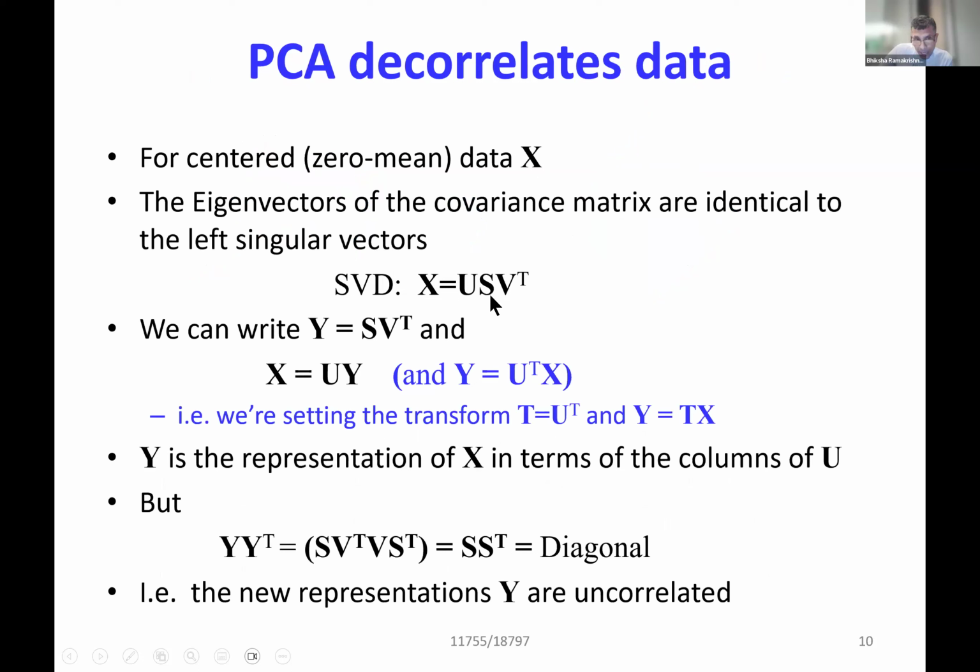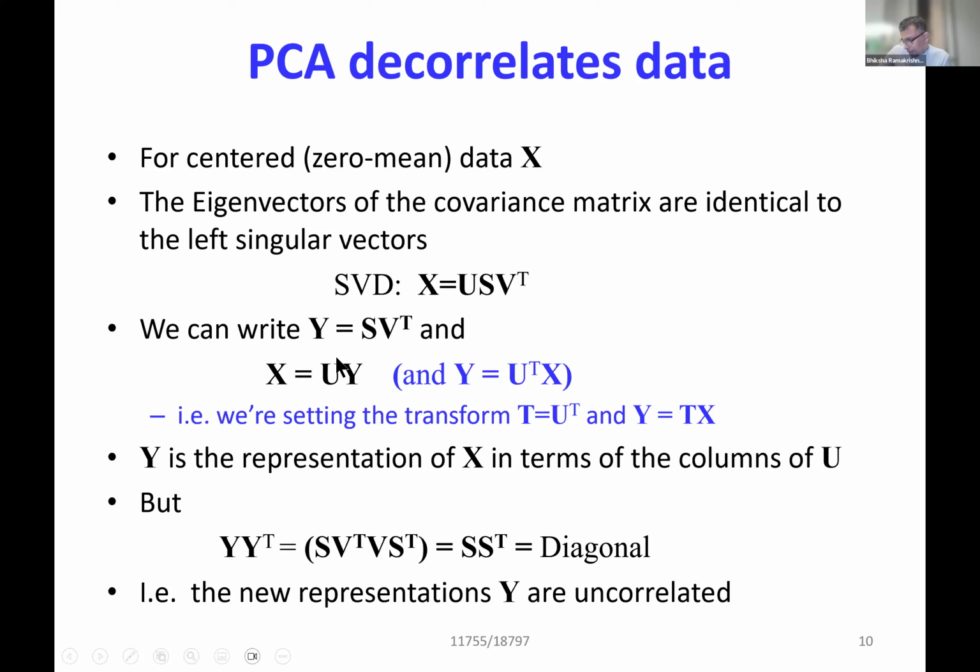And we know that the eigenvectors of the covariance matrix of X are simply U, which means I can write X equals U times SV transpose. These are the eigenvectors. So I can write this as X equals U times Y, where Y is S times V transpose. And then what this is that Y is the representation of X in terms of the columns of U.